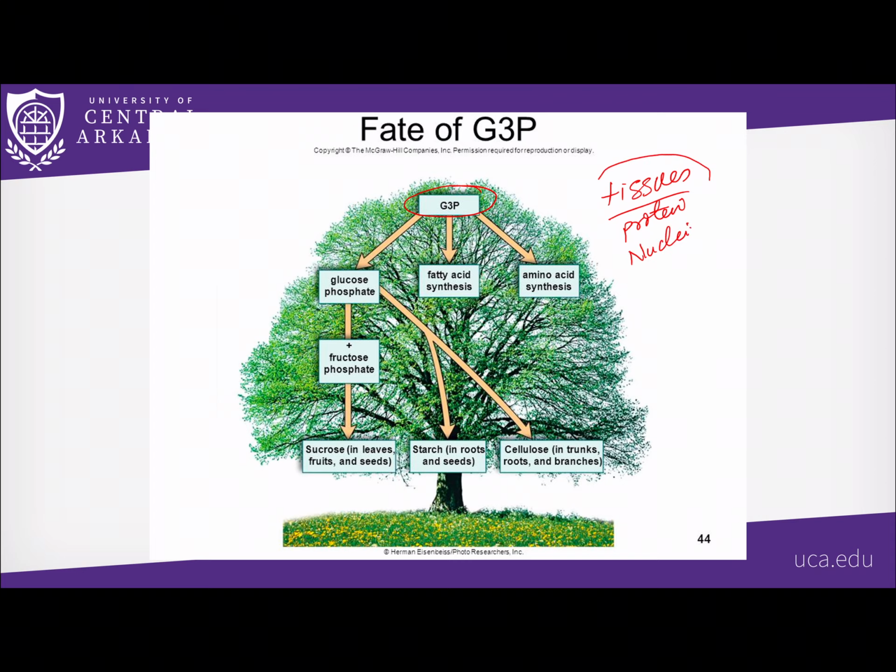So all the structures of a plant, from a seed as the seed grows to this, the majority of the mass comes from this G3P. So it forms amino acids.